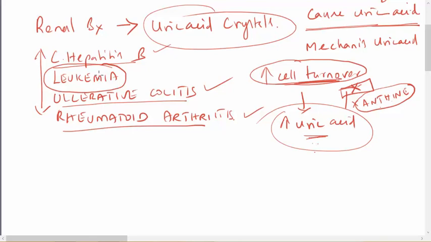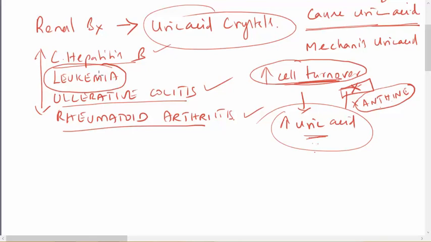So here they didn't give any signs and symptoms, any clinical features, or any laboratory investigation. Just straight away they gave the case of acute renal failure. So you should know what acute renal failure is, what the signs of acute renal failure are, and what the laboratory investigations are. One is renal biopsy that shows uric acid crystal.